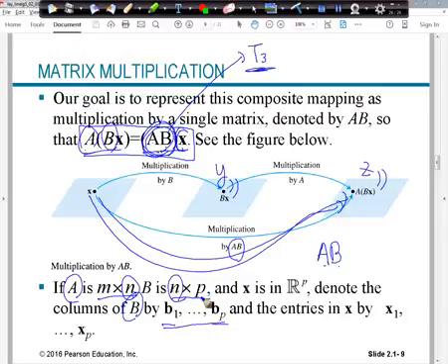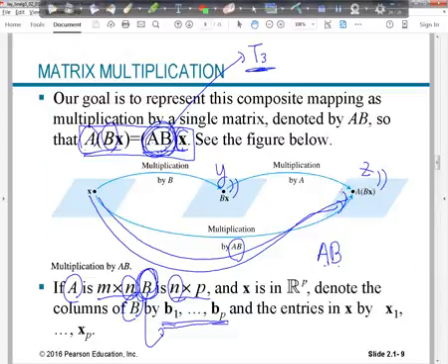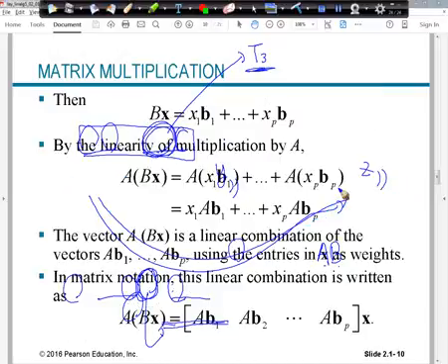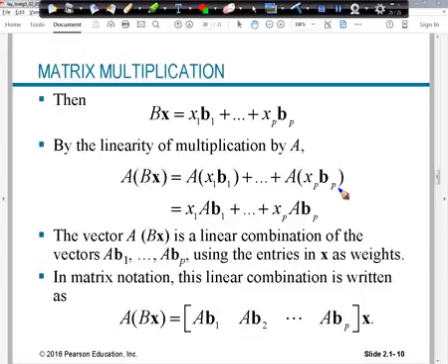In the case of the n by p matrix B, that has p columns, right? So we will do a very simple trick. In the case of A times x, let's first compute Bx. B has, for example, 4 columns: B1, B2, B3, and B4.